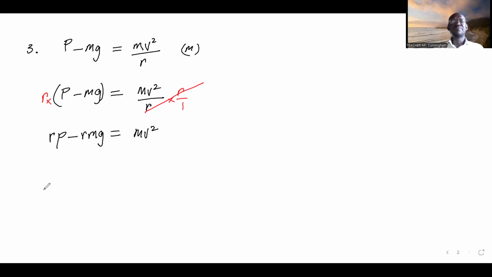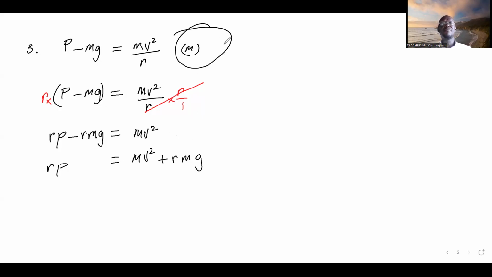So because I'm finding for m, this one is negative, I'll carry it on the right-hand side. All right, so rp is equal to mv squared plus rmg.